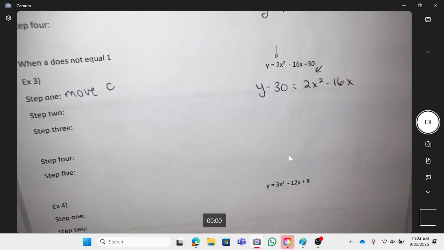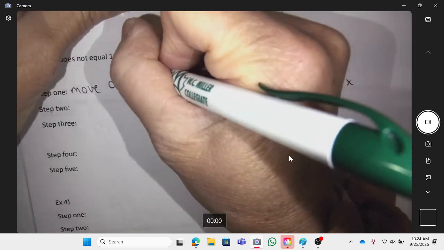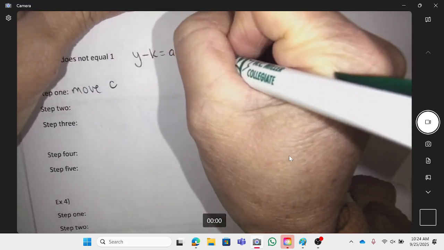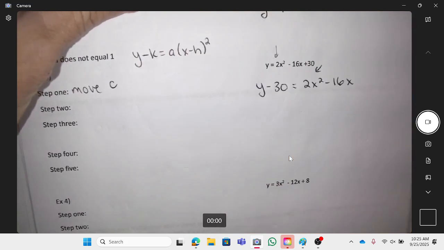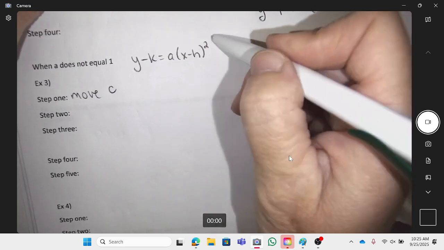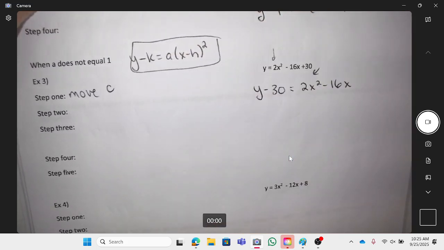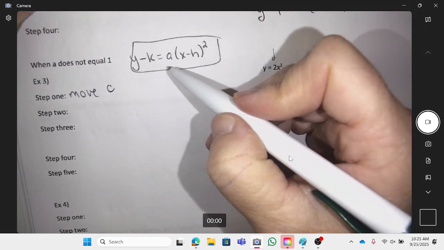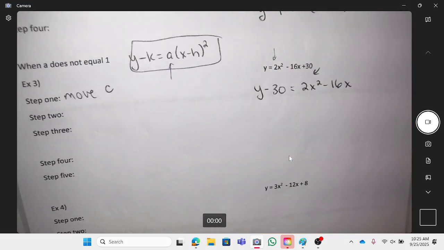Okay, so we're going to think about our format here. So everybody knows what our goal is, right? This is our goal. So let's think about what's going on with this A. Can I say that A is kind of detached from all that square stuff right now? Yeah. Okay, so we kind of think like that. We're going to factor it out or detach it.